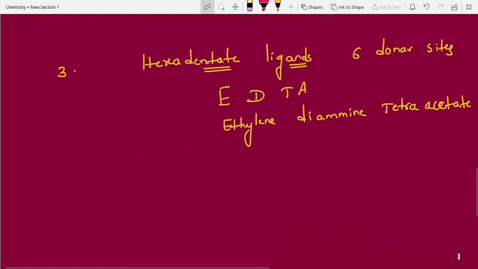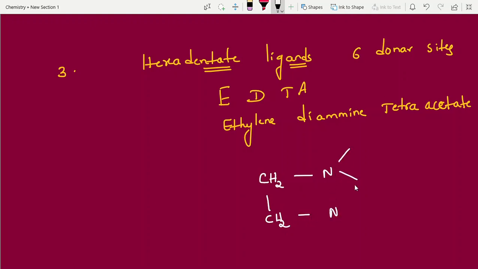Listen. CH2, just now we have taken ethane-1,2-diamine. Here two nitrogens, two hydrogens are there. Instead of two hydrogens, two bonds you can write. What are the bonds? Acetate ions, CH2COO minus. What is acetic acid? CH3COOH. Here I am losing hydrogen and instead of one hydrogen, one bond is there.